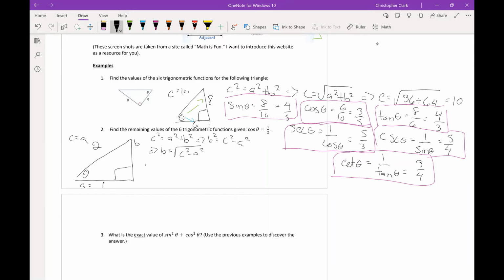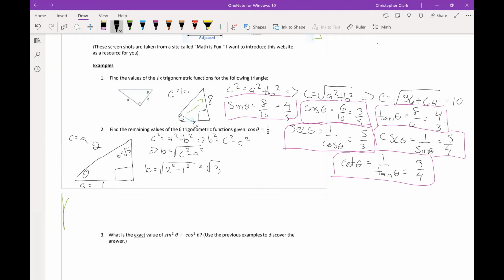So plugging this in, we get b equals the square root of 2 squared minus 1 squared, and this is the square root of 3. So I'm going to make this a little better here. We'll say that b is equal to the square root of 3. Fantastic. So from this, we can write the rest of our trig functions. I'm going to write them down here.